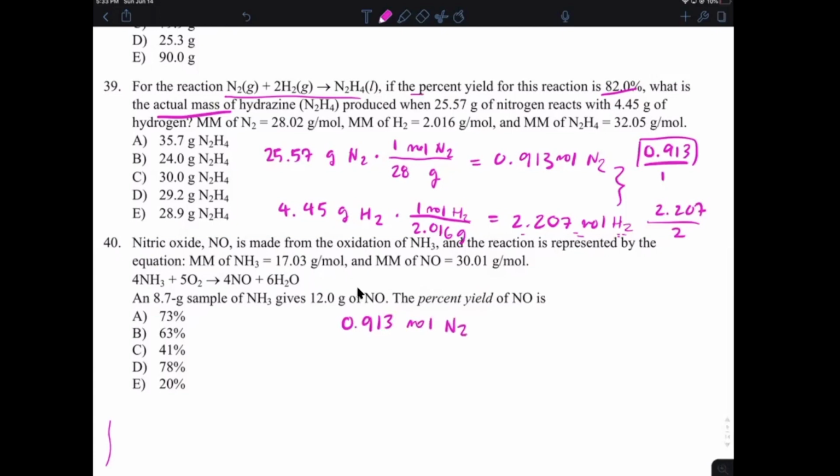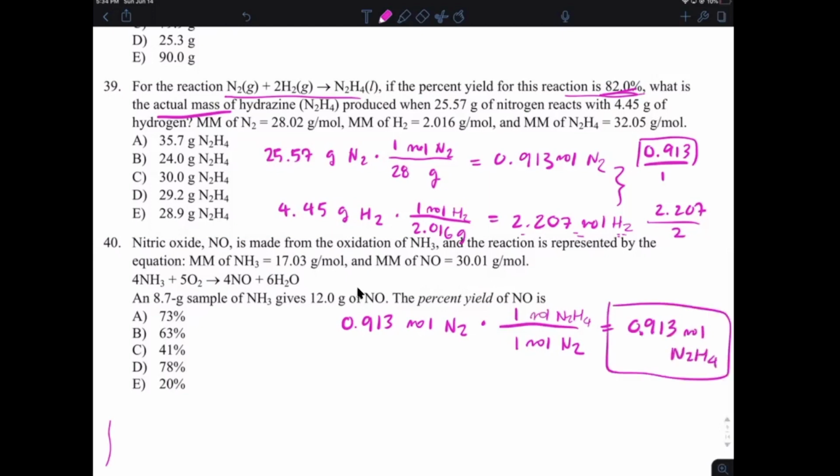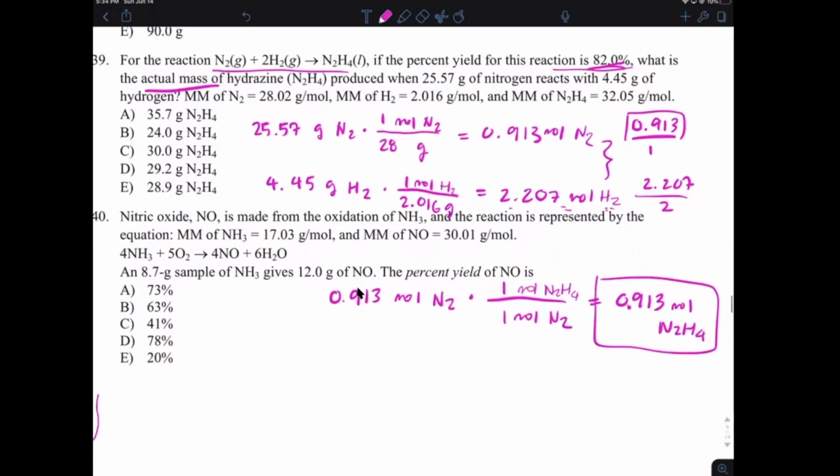So we're told that the percent yield for this reaction is 82%. So what does that mean? So that means here, for 1 mole N2H4, 1 mole N2, if we used everything up, then we would produce 0.913 moles N2H4. So this is in kind of the best case scenario. But if we're given a percent yield, that means we should multiply by that, 0.82 times 0.913.